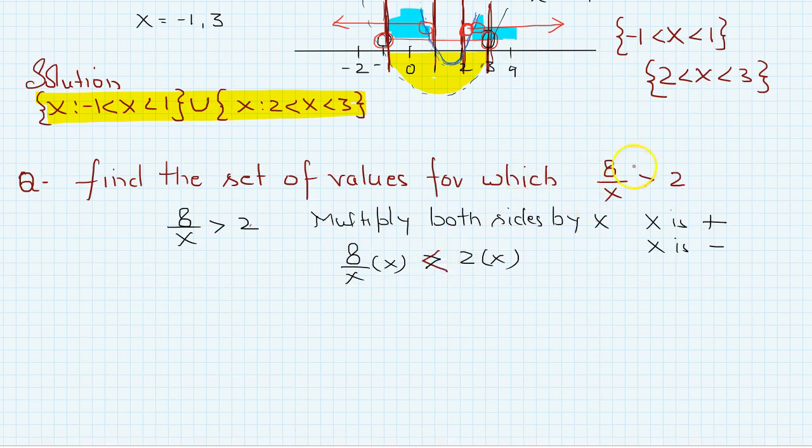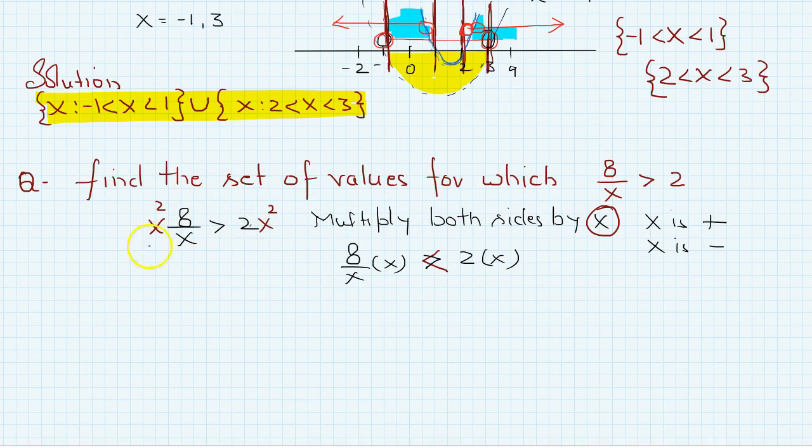So it means we cannot multiply both sides by x. We make sure that we multiply both sides by a positive number. So the positive number is x square, which is 100% a positive number. So we multiply both sides by x square. That is the main point you have to consider when solving such kinds of inequalities.